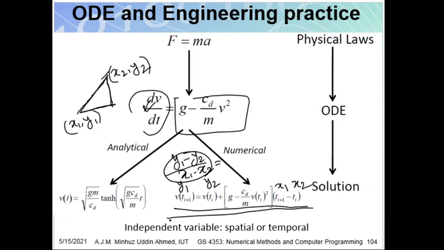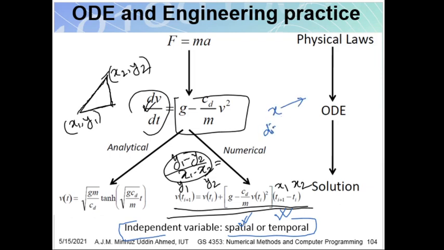However, if you notice what is mentioned here, the independent variables are spatial and temporal, and in real-life scenarios we usually see these two types of independent variables. Spatial means related to space, that is distance, we can say x.